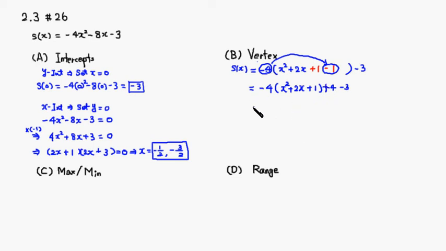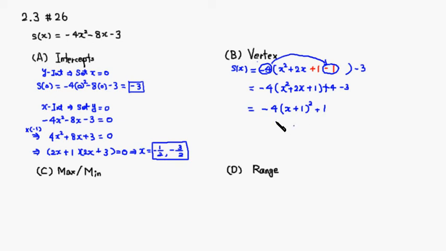Then we can complete the square. So negative 4 is there, then you have x plus, half of 2 is 1, squared. And the 4 combined with negative 3 is plus 1. So we have that.